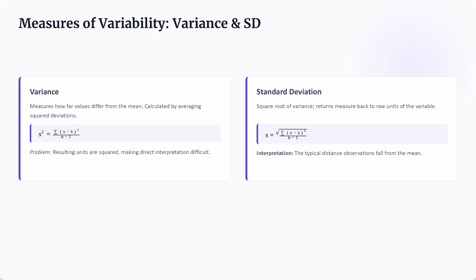Taking the square root of the variance yields the standard deviation. Standard deviation is one of the most vital metrics in statistics because it measures the typical or average distance that scores fall from the mean in the original units of measurement. Small standard deviations indicate tightly clustered data, whereas large values signal substantial heterogeneity across observations.